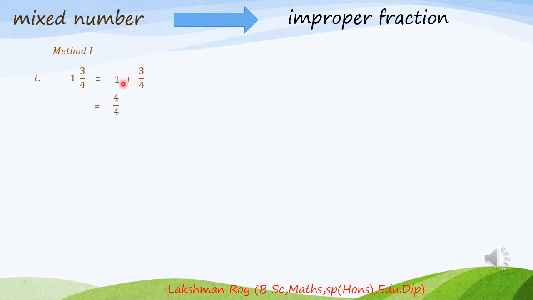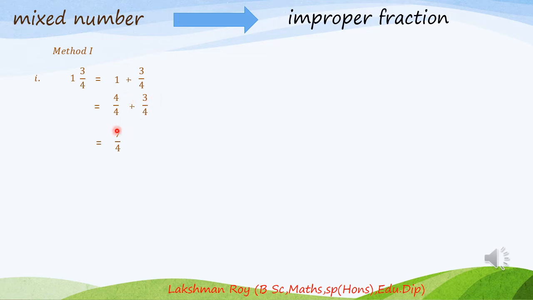So 1 I wrote as 4/4. Is it clear why? 4 divided by 4 is 1. So using this denominator 4, I should add 3/4. Now you have to add two fractions. In addition, the denominator is the same, so the denominator is 4, and the numerators add: 4 plus 3 is 7.